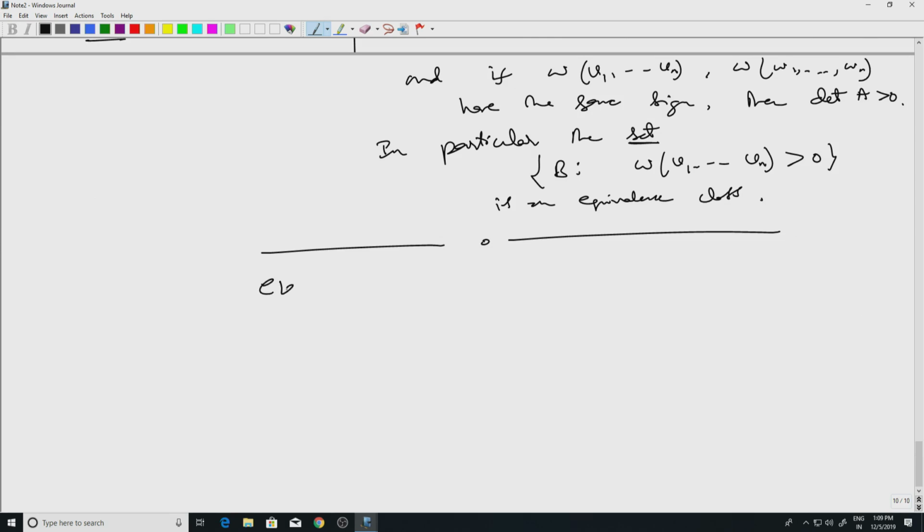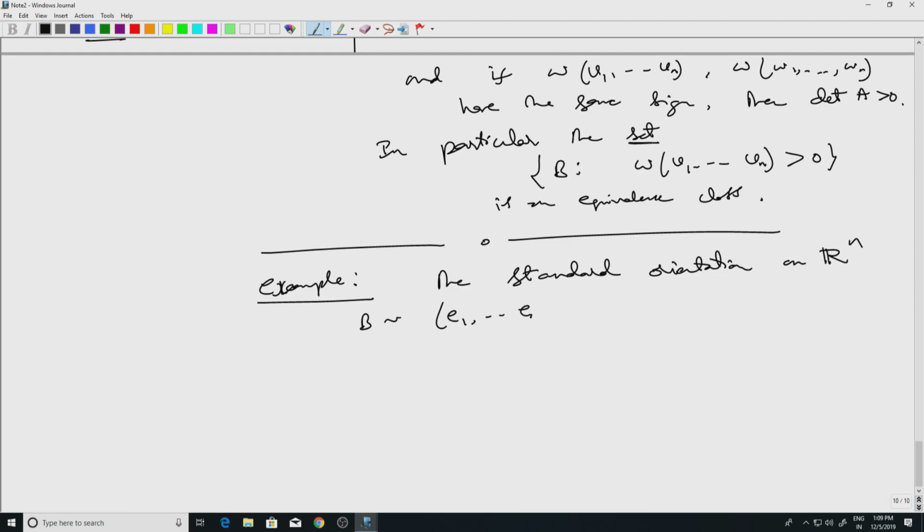So as an example, the standard orientation on Rn. Recall that this is the set of all bases B which are equivalent to the standard basis written in an ordered manner.